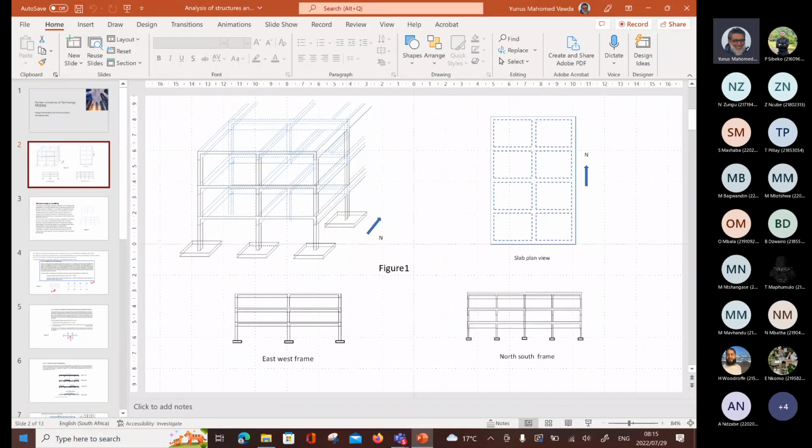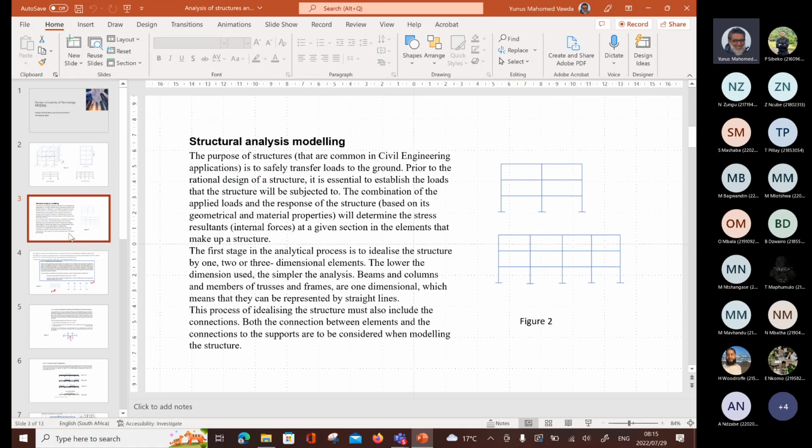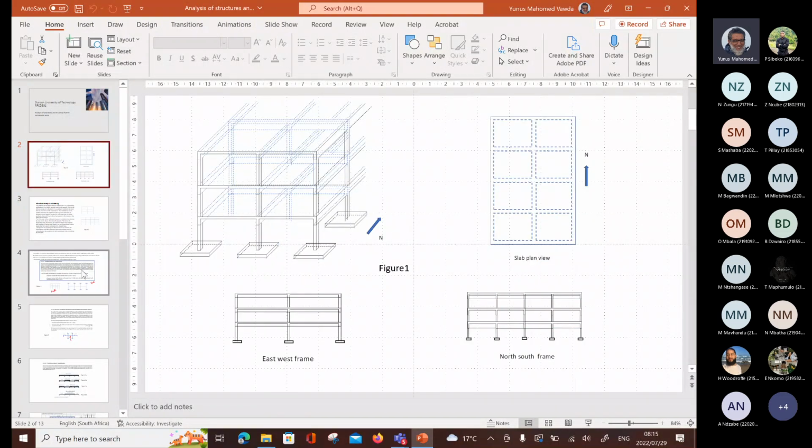Okay, right. So we've got the east-west frame and the north-south frame. And what we're saying is, what does the code want us to do? When we look at it, it's very common that we break those frames up into 2 dimensions. So from 3D, we bring it into 2D. As I said, we have the capacity to deal with it in 3 dimensions.